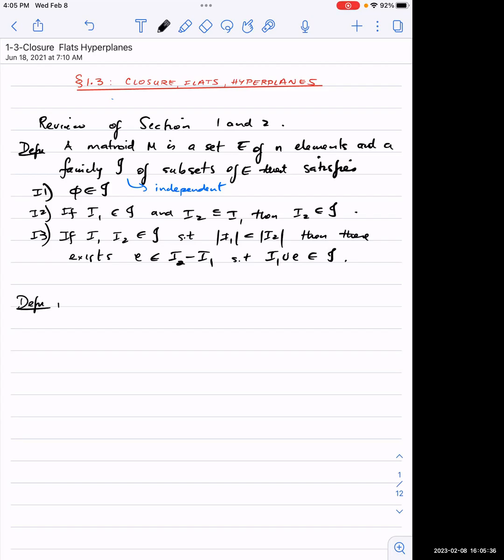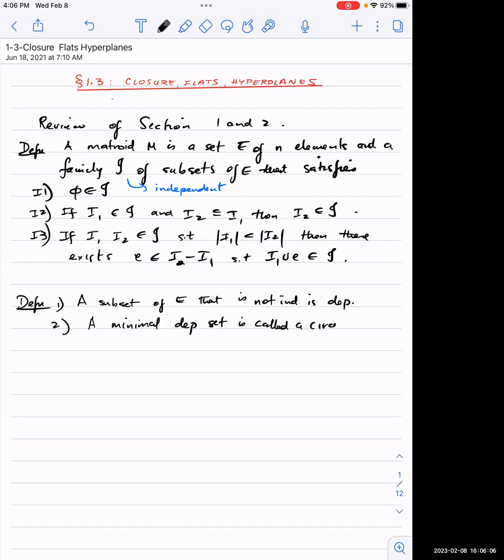So after that, we have a set of definitions of the other terms used. A subset of E that is not independent is, well, dependent. And a minimal dependent set is called a circuit.